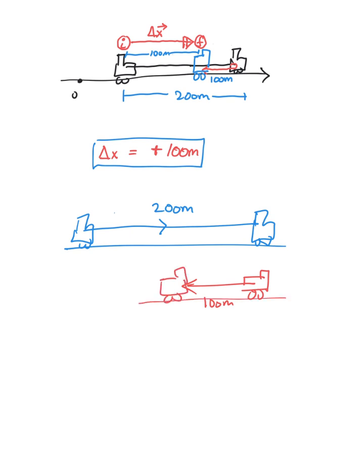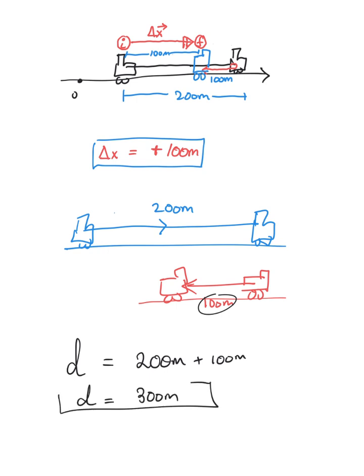So the total length traveled, which is the distance, would be 200 meters. And remember that distance is a scalar, so even though the car is moving to the left eventually, that 100 meters is still positive. Because remember, distance is the total length traveled. So that's going to be 200 plus 100, which gives you a distance of 300 meters.